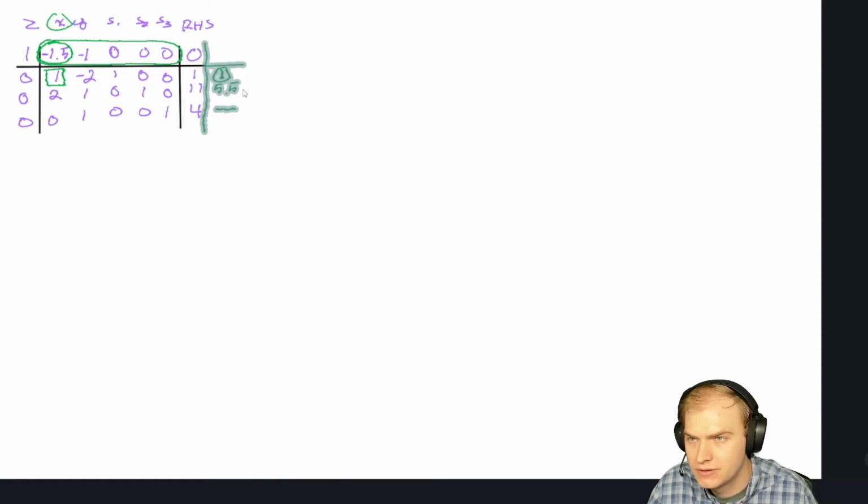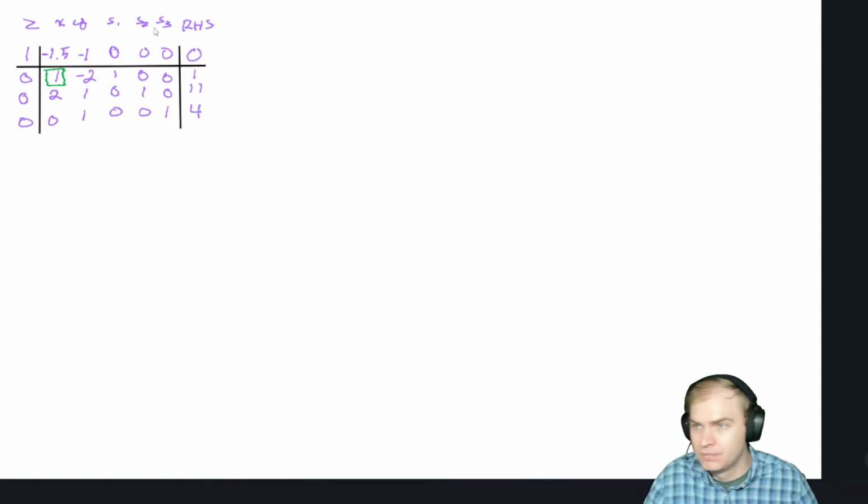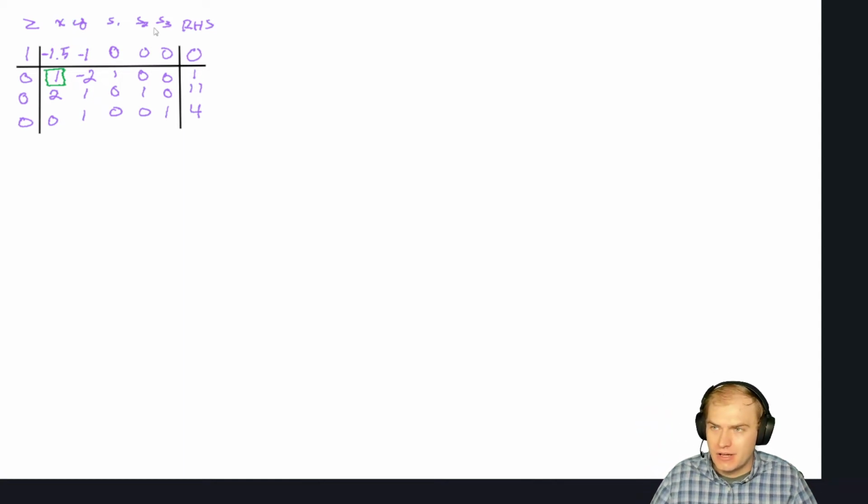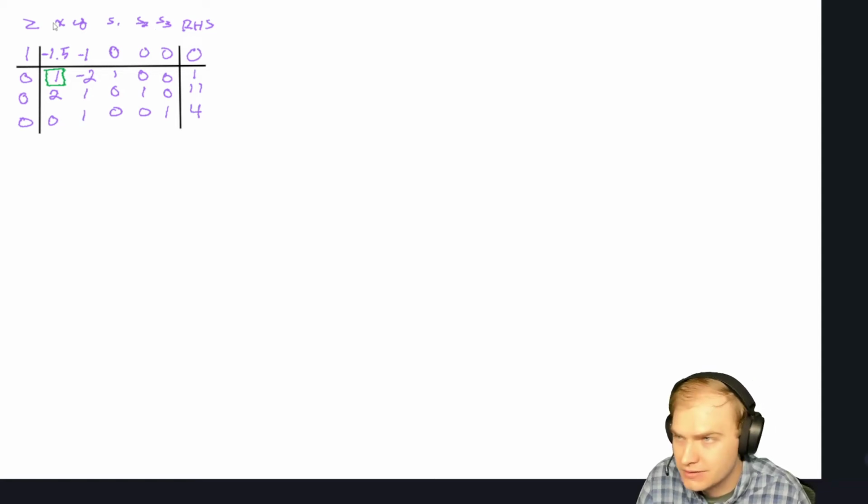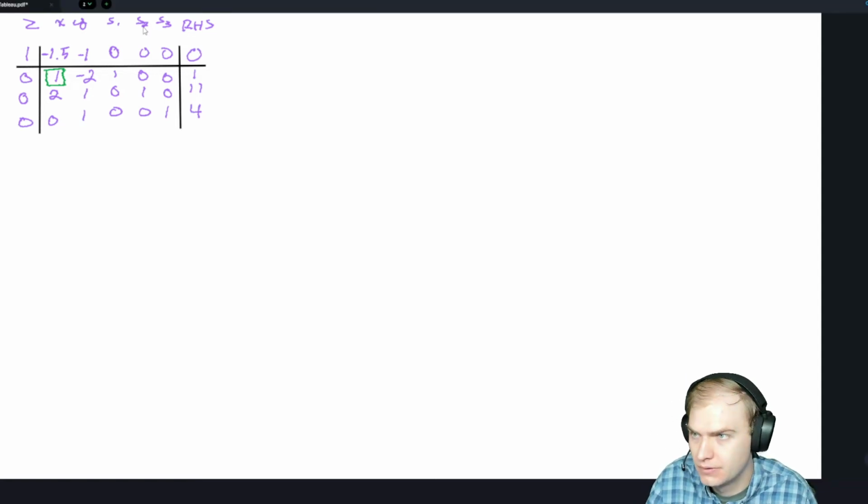Go ahead and erase all of this extra stuff. We're pivoting on that 1, that entry in the top left of A. Pivoting just means that we want to put x into the basis.